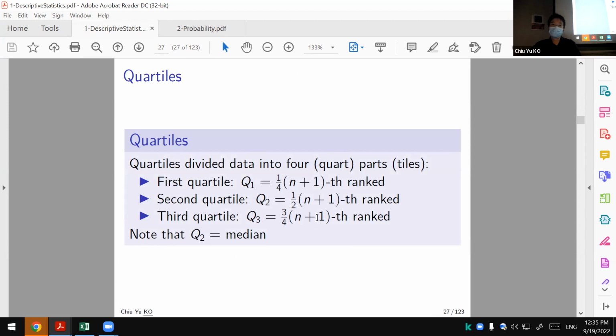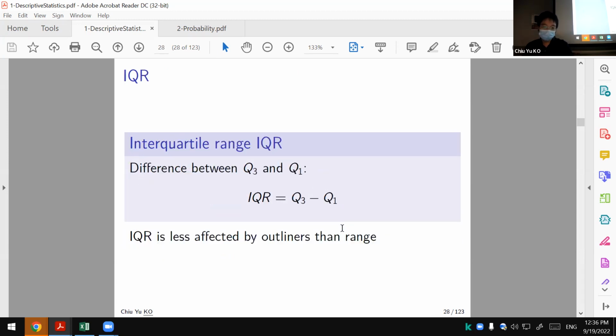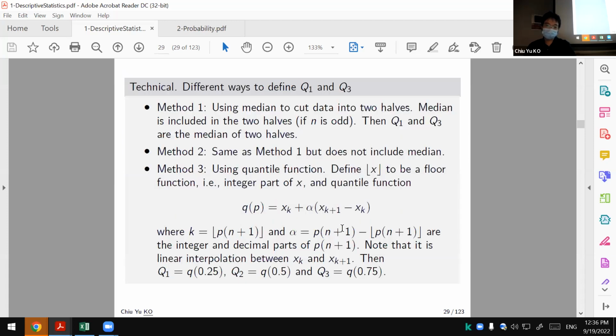The difficulty lies in how you define them exactly when you take the data, and there are many ways. As I mentioned in class, there are at least nine different ways. If you look at Stata or R or any software package, they will have more than one method.